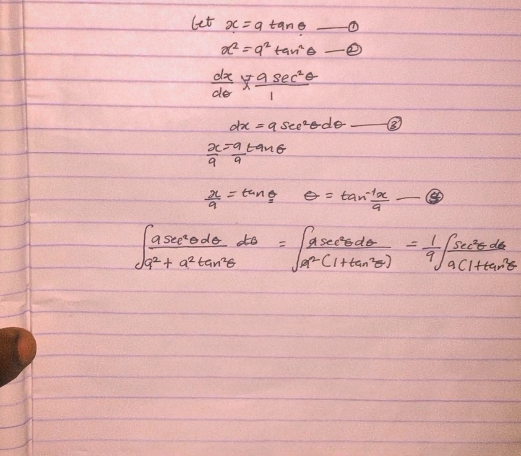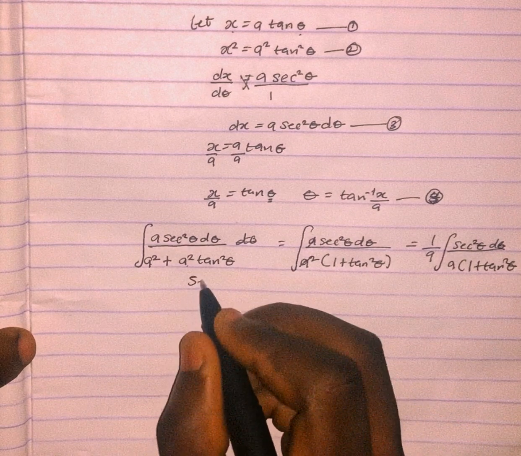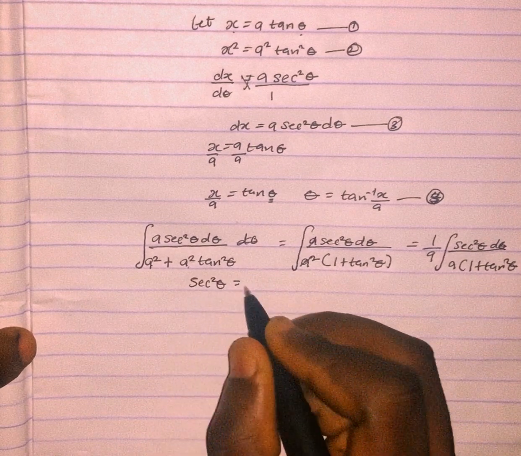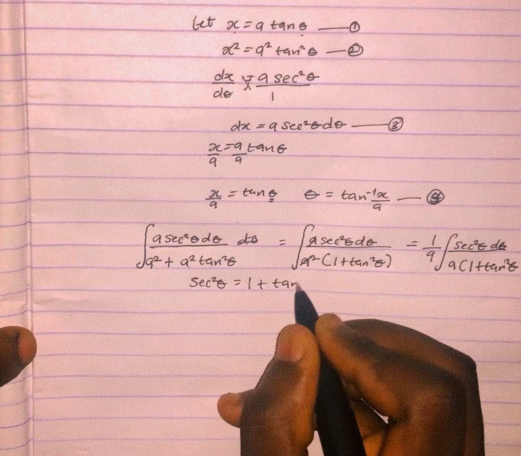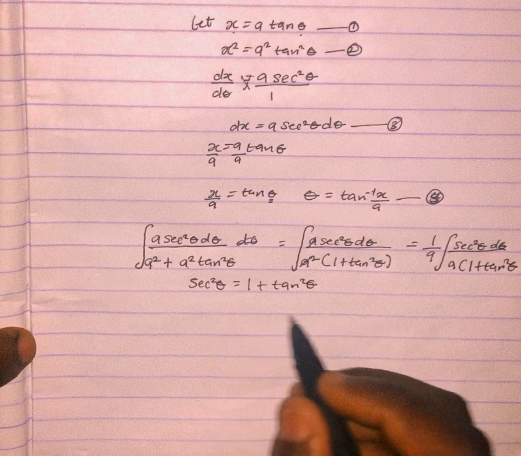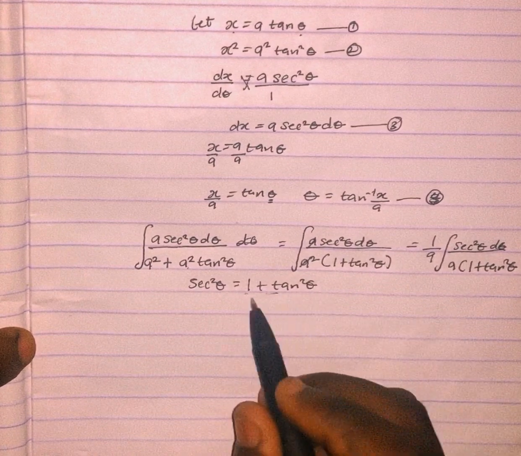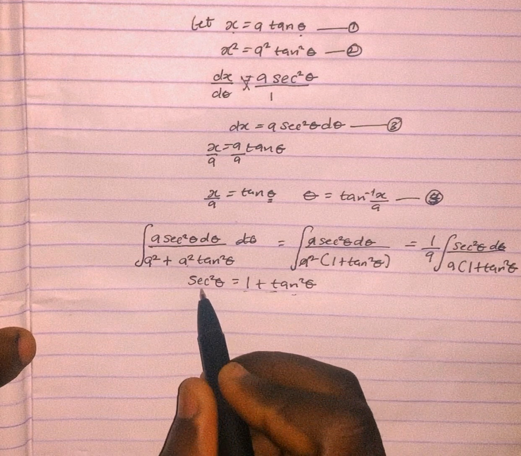Recall from our trigonometric identity, we know that sec squared theta equals 1 plus tan squared theta, so we can easily replace 1 plus tan squared theta with sec squared theta.